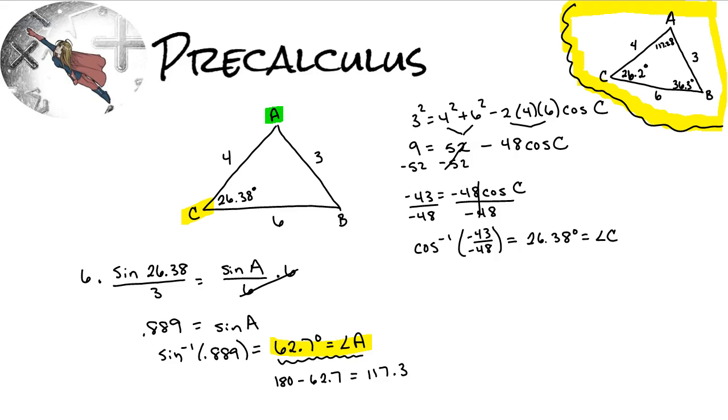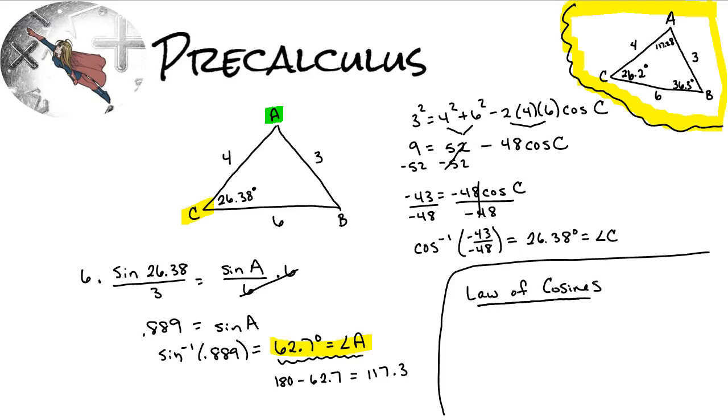So to avoid all of this from happening to you, you could just follow this rule. So it makes it simple, and as long as you understand why you're doing it, that's the important thing. So law of sines, or law of cosines. When you're finding an angle, you want to find the largest angle first.